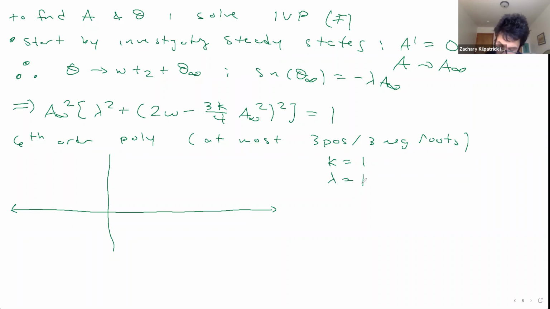I'll draw out the qualitative diagram of the stability here. And there are 3 regions. There's a region where omega is less than some value omega little m. There's a region between omega big M and omega little m. And then there's a region to the right of those.